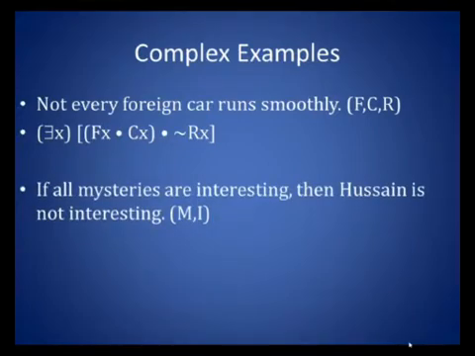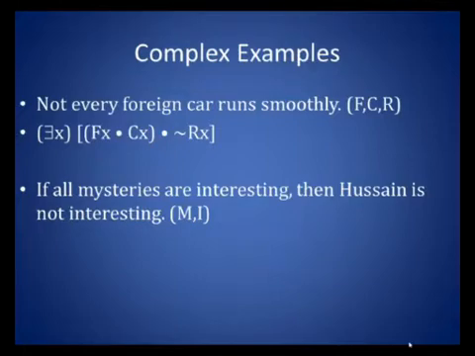Let's look at another example. If all mysteries are interesting, then Hussein is not interesting. I'm going to give you a second to look at this. Now notice, we should recognize right away that we have a conditional statement here. I have an if-then statement, which means we're ultimately going to translate this with a horseshoe.